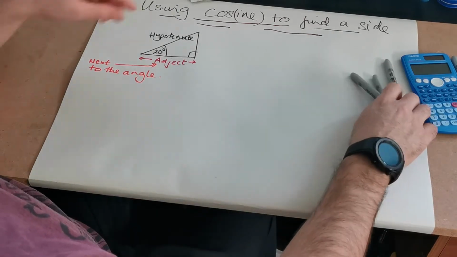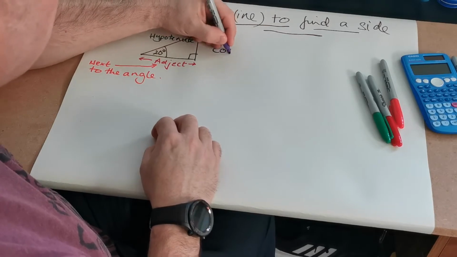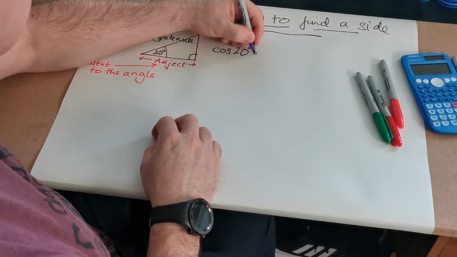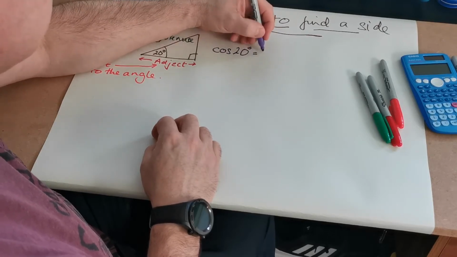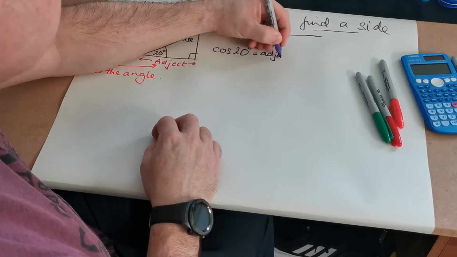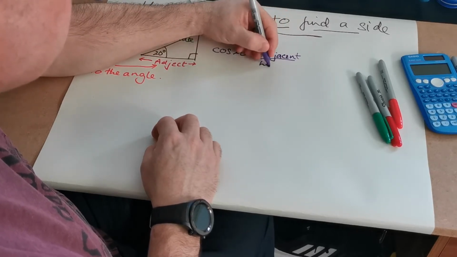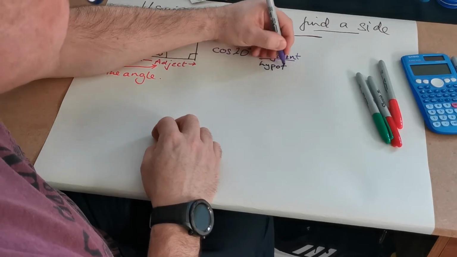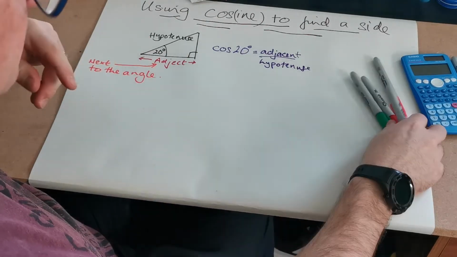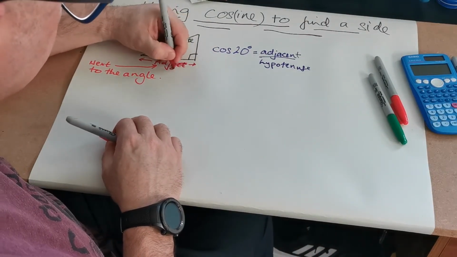And the cosine of an angle, or the cos of an angle, so cos, in this case my angle is 20, which is what I've written here, is going to be the adjacent divided by the hypotenuse. I've just noticed my horrendous spelling there. Adjacent.